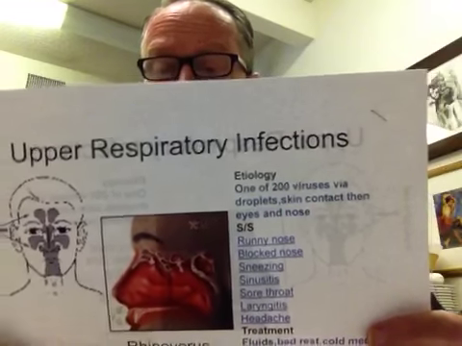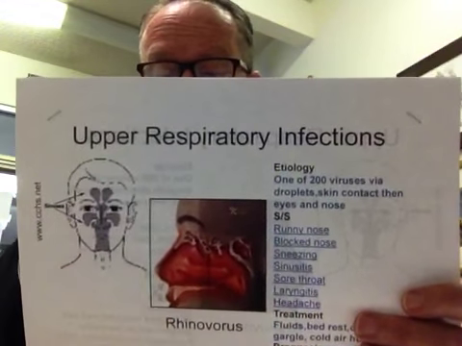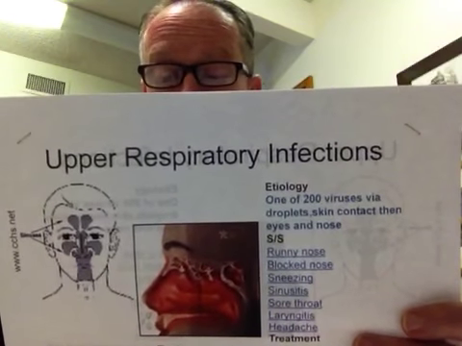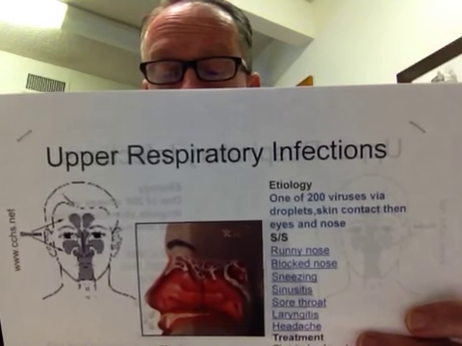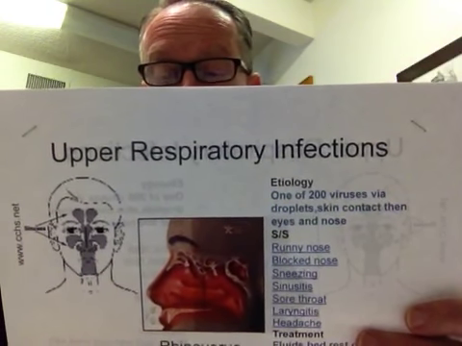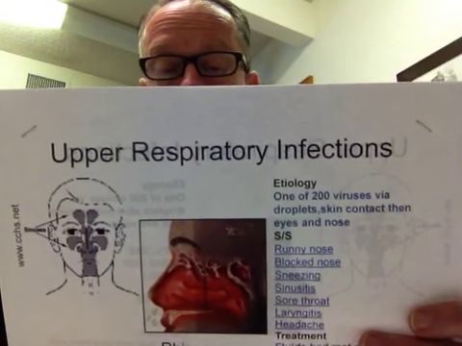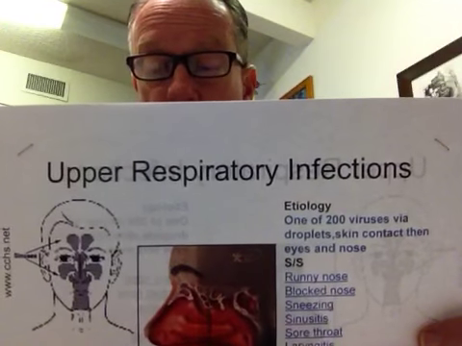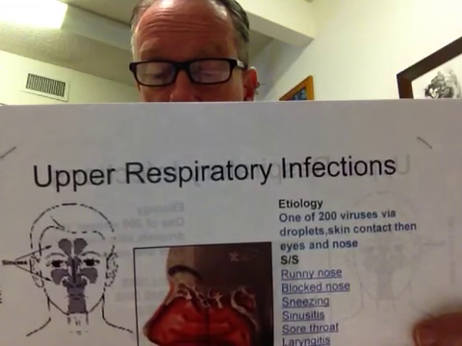And so the symptoms include what's listed here in terms of inflammations of the larynx and the throat, headache, and very often rhinitis, inflammation of the nose, and runny nose as a result.